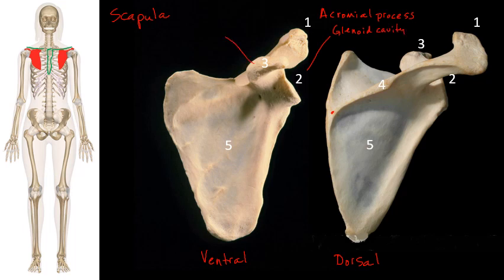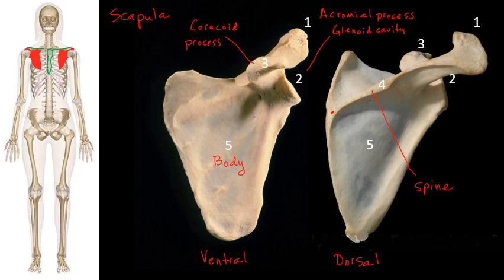Number 3 is called the coracoid process. And number 4, we have to go to the dorsal side to see that. That is called the spine. And number 5, that's referred to as the body of the scapula.